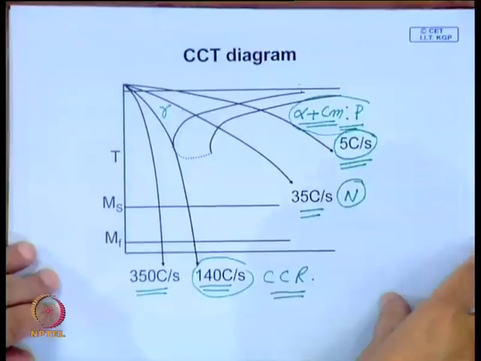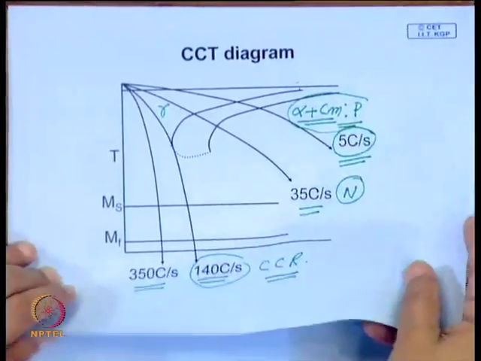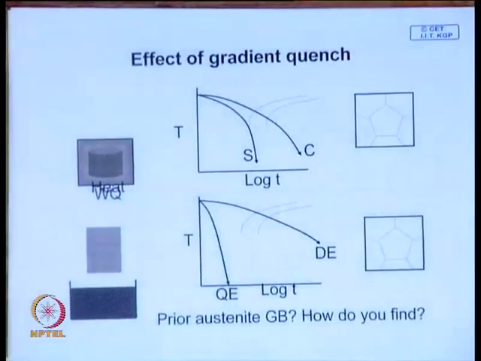So, what you can infer now is how the microstructures will look. Normally when you cool a job, it is quite interesting: if your job has a dimension, it is not always possible that every point will cool at the same rate.